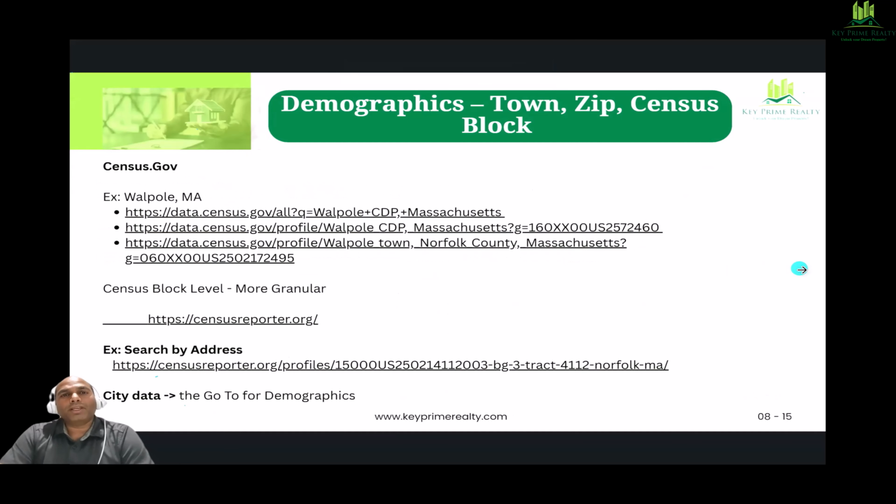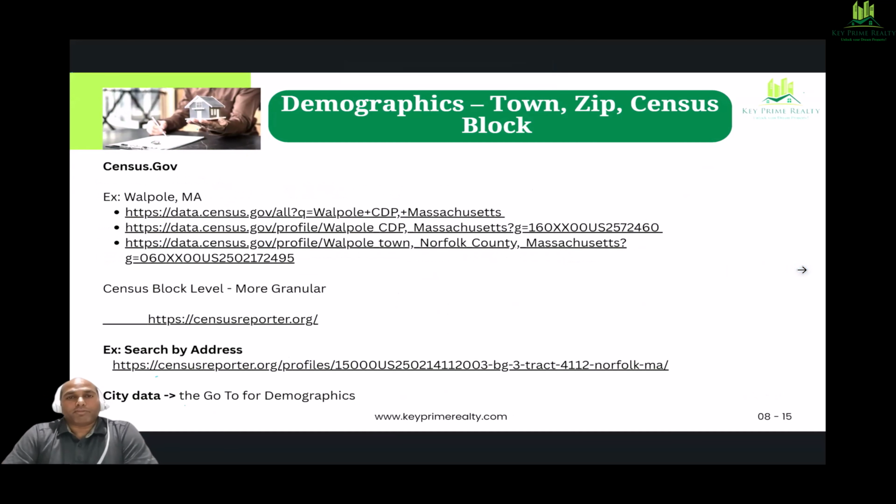And then moving to the demographics information. I think this is where things get interesting. When you are looking at a plot of land, you are obviously interested in, hey, how about this location? What is the potential of this location?